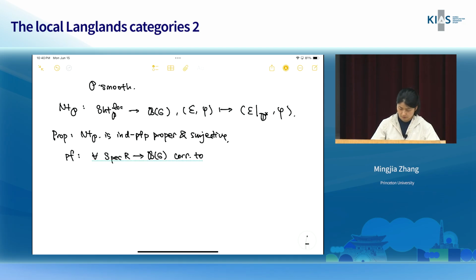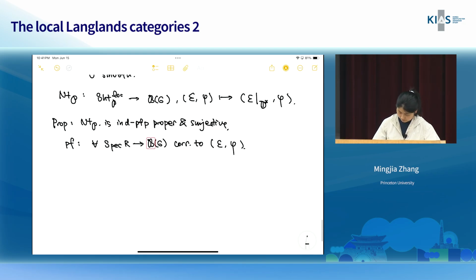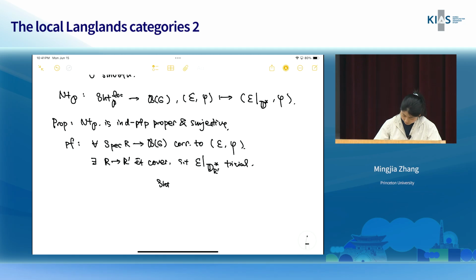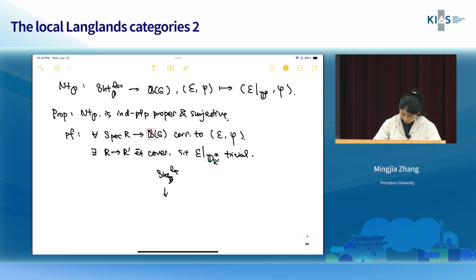Namely, given a test object of BG corresponding to some G-isocrystal E comma phi, we know that by the condition that this is a point in BG, we have an étale cover of the base that trivializes the underlying G-torsor. So therefore, if we consider this map, which is called NT, by the way, it stands for Newton polygon, Newton stratification.